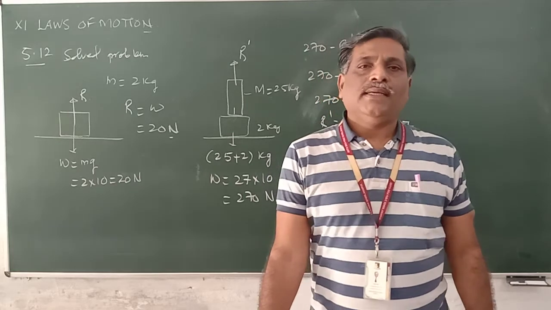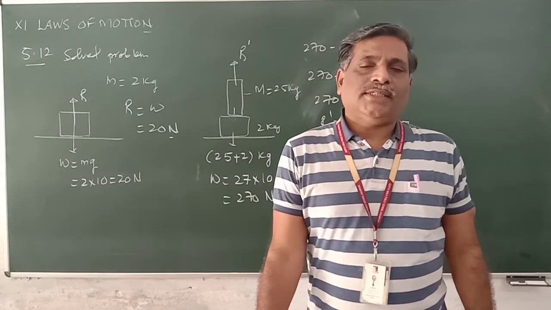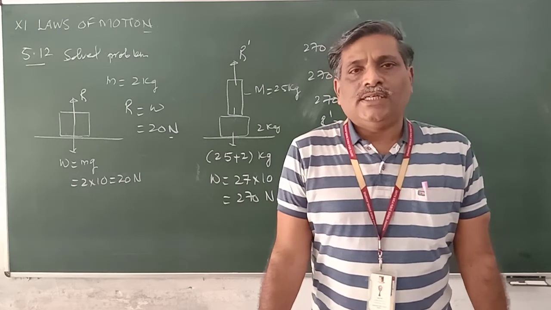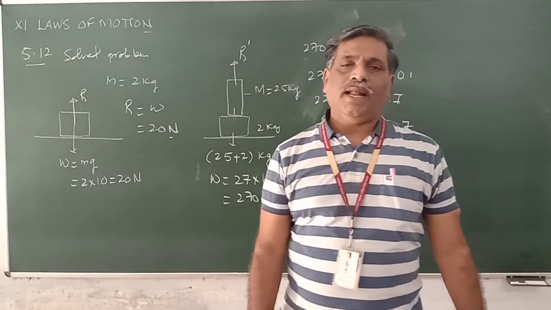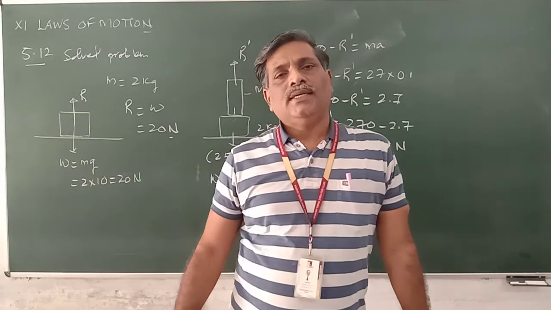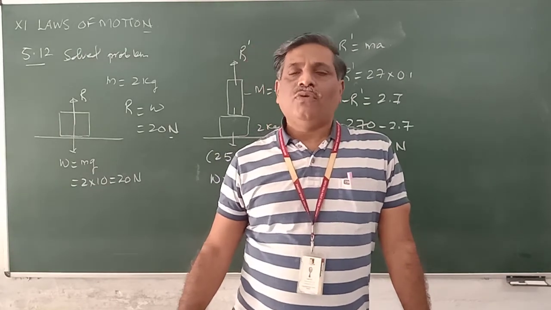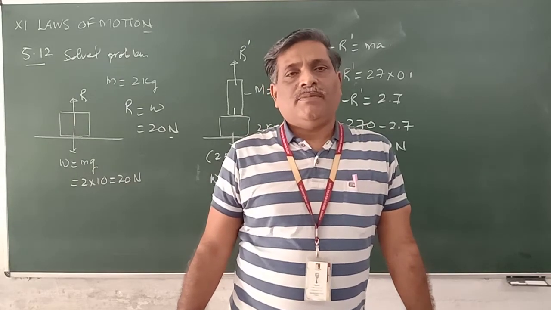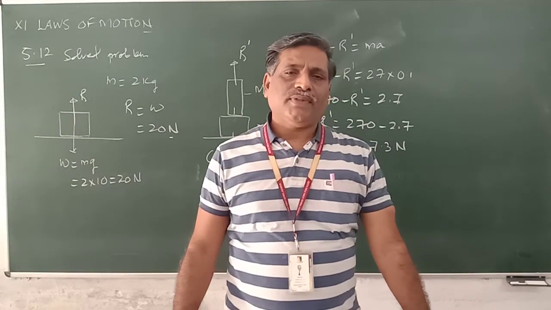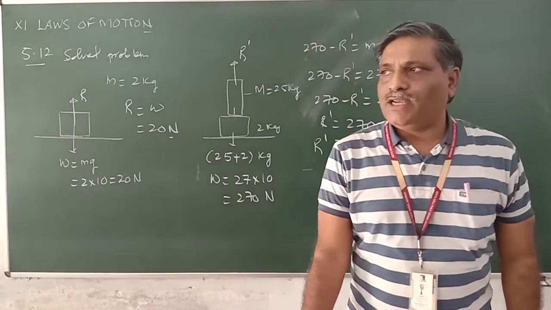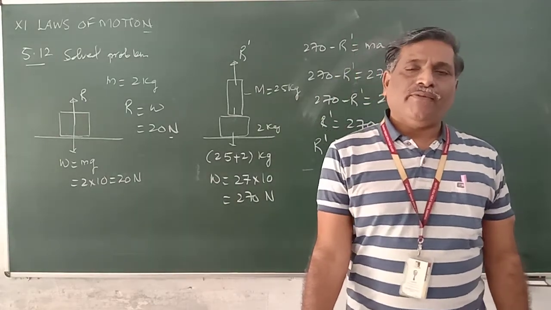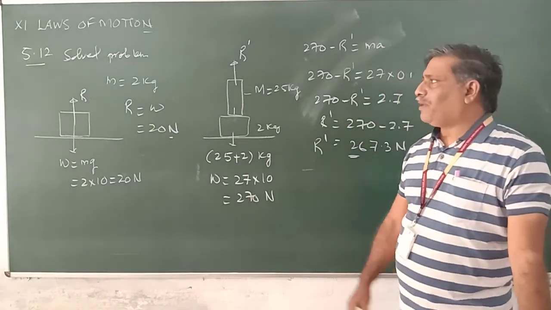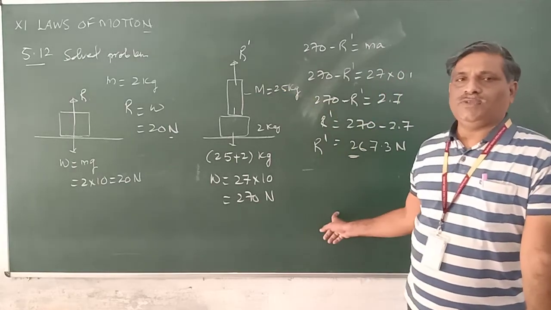It means that if in one case A is the system and A exerts force F on B, then the second time, when we consider B as the system, the force on B is minus F. Here action and reaction pairs need to be followed. These are the steps given in the textbook also; you can read them. These steps are very useful in solving problems the way we have solved this problem.